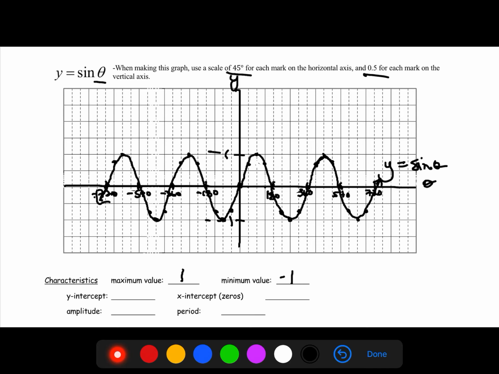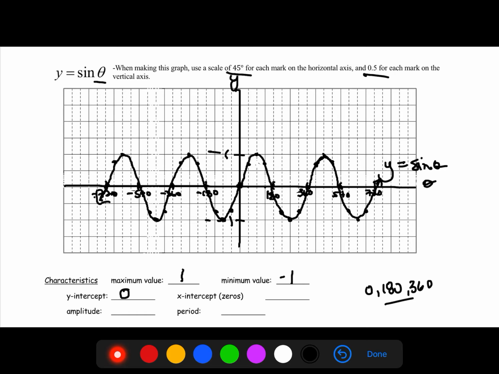So, taking a look at some properties. We already talked about our max and our min values. Highest value we have for y is 1. Lowest value we have for y is -1. Our y-intercept happens at the origin, so our y-intercept is 0. Taking a look at our x-intercepts, our first one is 0.